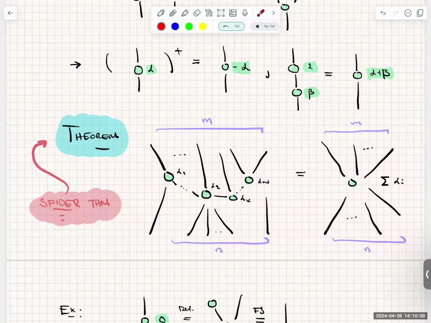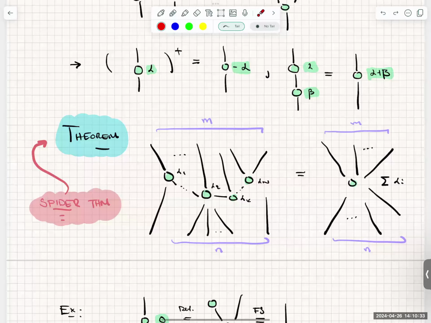So say, more or less, the idea is that I have some diagram with m inputs and n outputs, and everything on the inside is just green dots with phases, or maybe just wires and such.